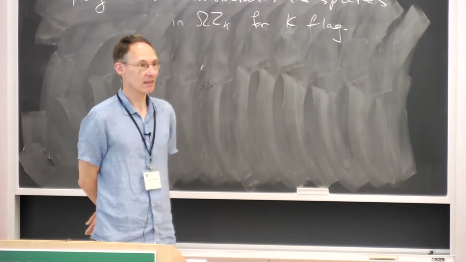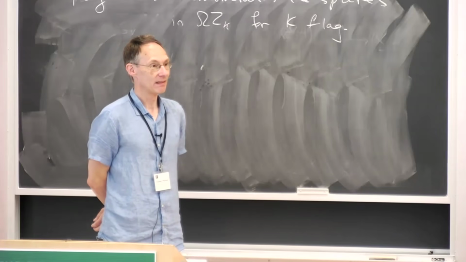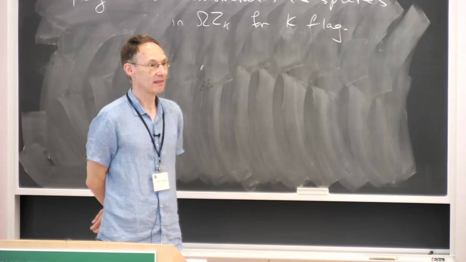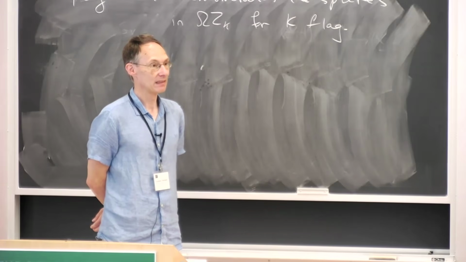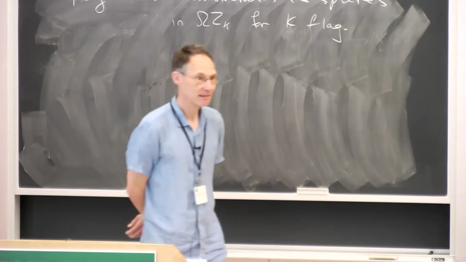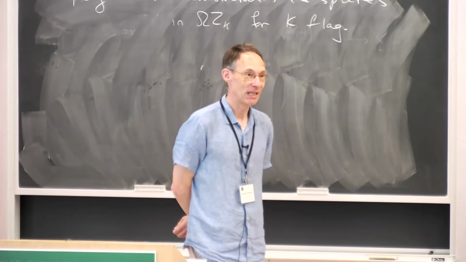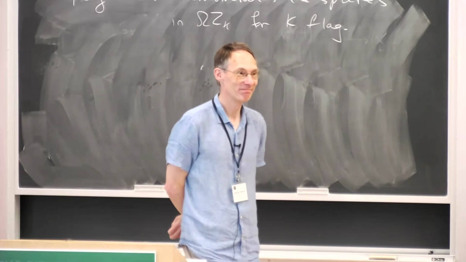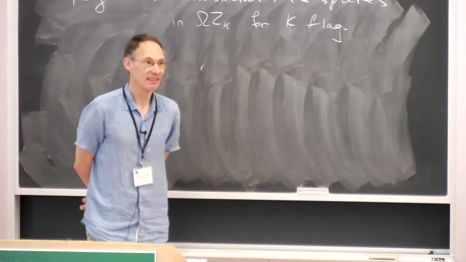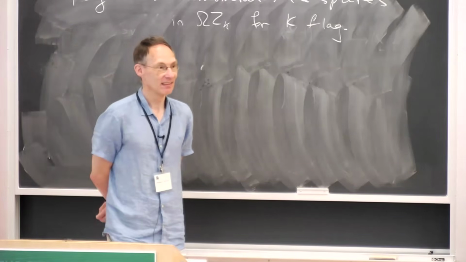So for example, if K is a barycentric subdivision of a triangulation, then it's flag, and the loop torsion disappears. So all the torsion is gone.